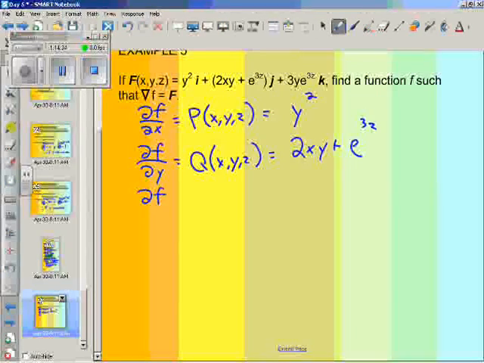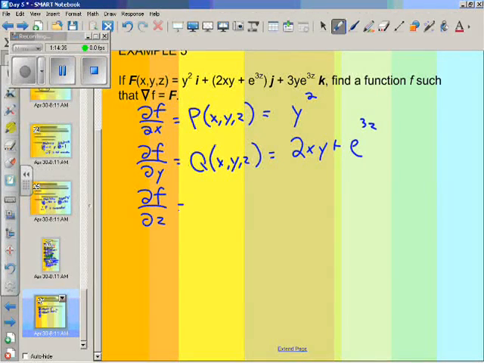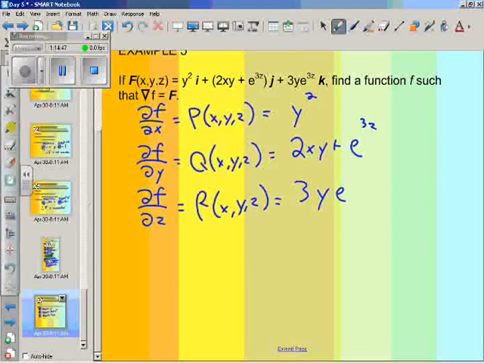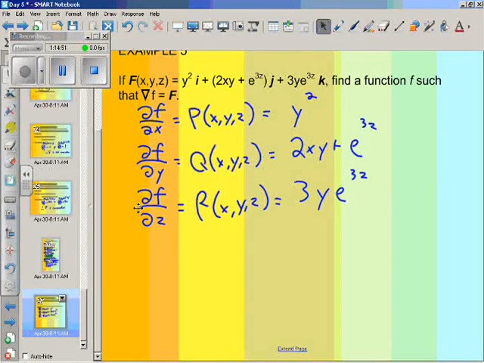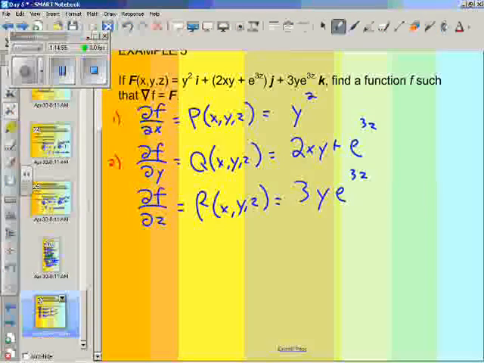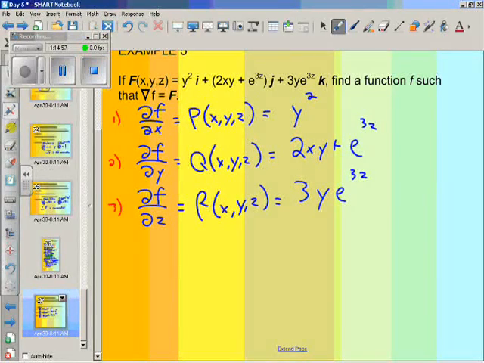And the f dz is going to be that R, that k component, which is going to be equal to 3y e to the 3z. So now we have 3 functions, but we're going to do the same thing.